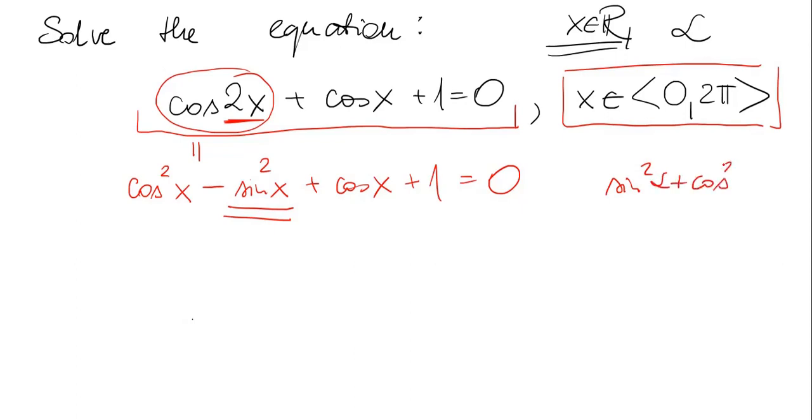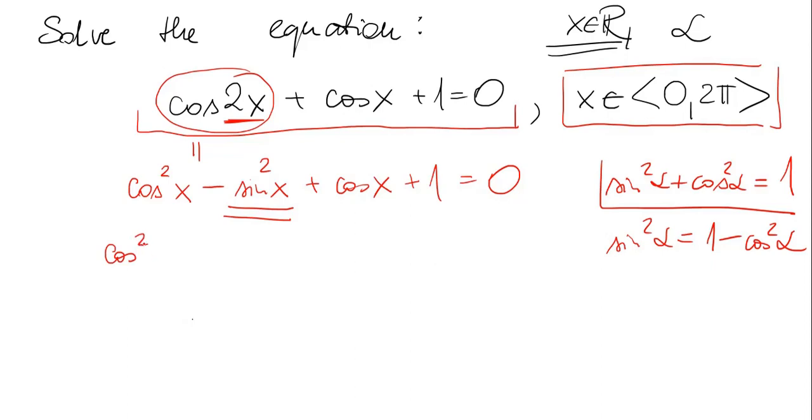It's very easy to do it with this formula, right? So instead of sine x squared, look here, we can put 1 minus cosine x squared. So that's what we're going to do. So let me write this, and now we have minus x plus cosine x plus 1 equals 0.